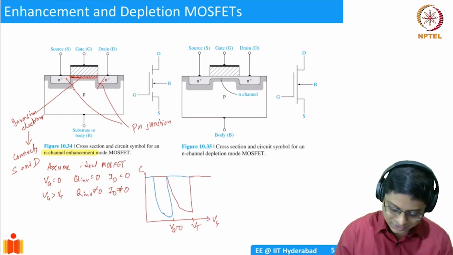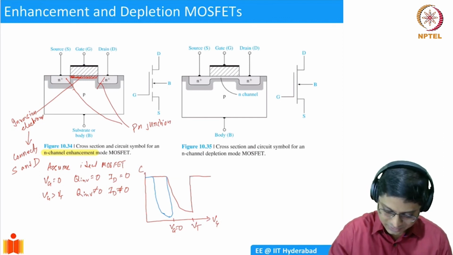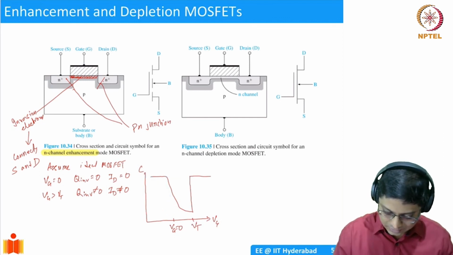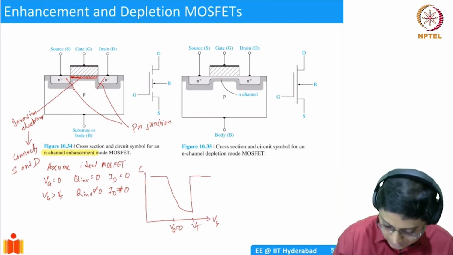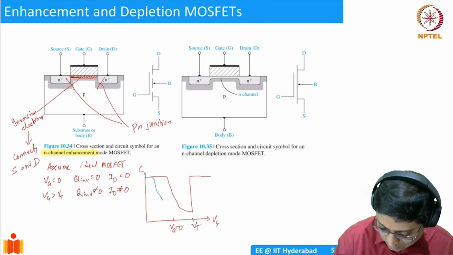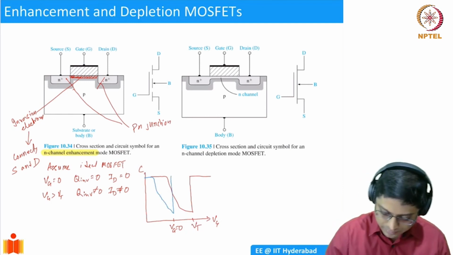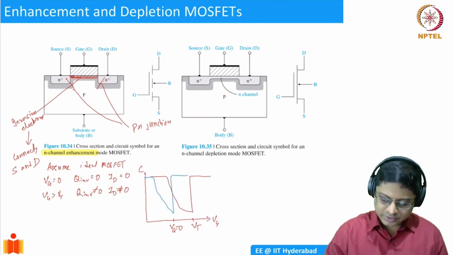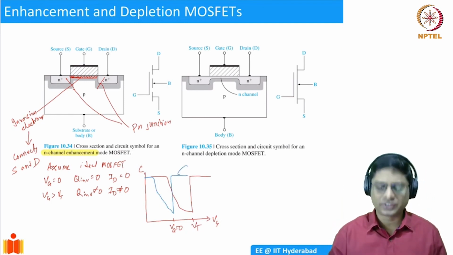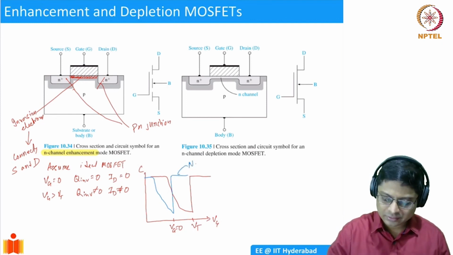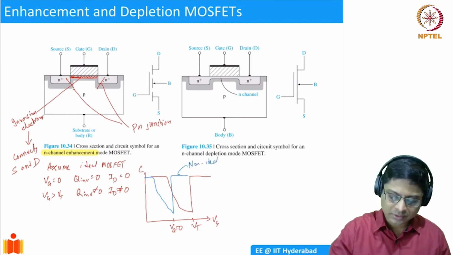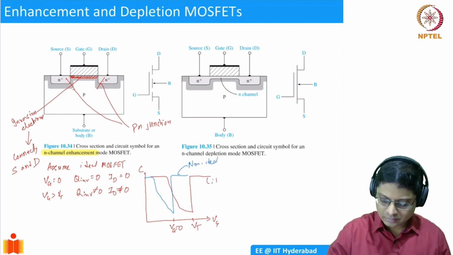This is depletion, this is inversion. I'm sorry, it looks very bad. So this is basically with some work function differences. Let's say it's non-ideal, and this was the ideal scenario.